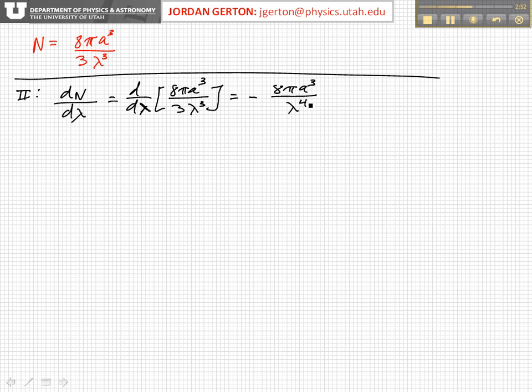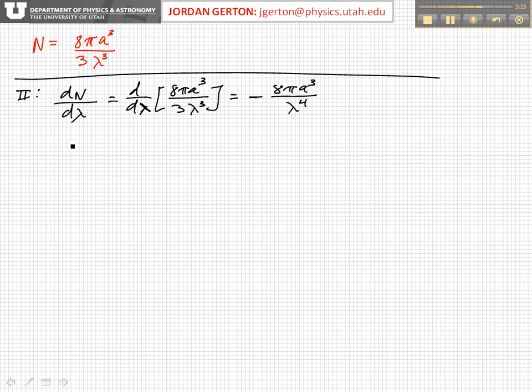Now the negative sign just reminds us that the number of modes decreases with increasing wavelength, as I said before. And furthermore, we can get partway to step 3, where we're trying to determine the energy per unit wavelength per unit volume, simply by dividing this expression by the volume of the cavity, which is just a cubed.